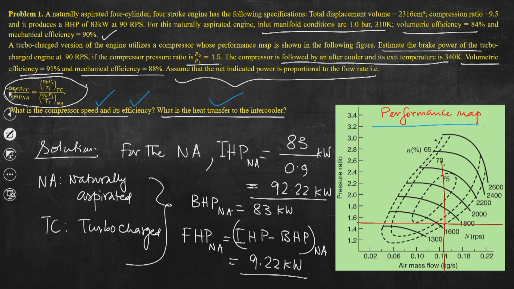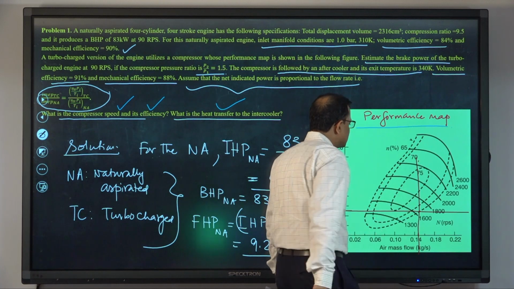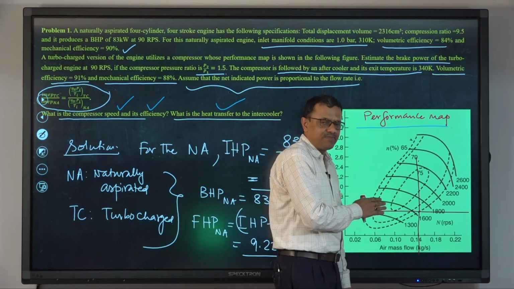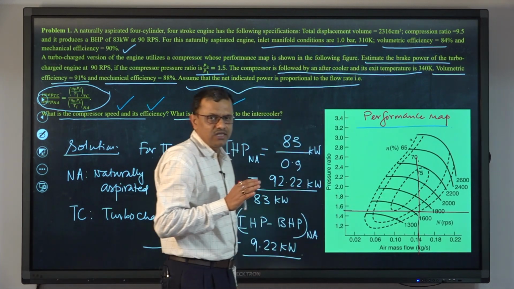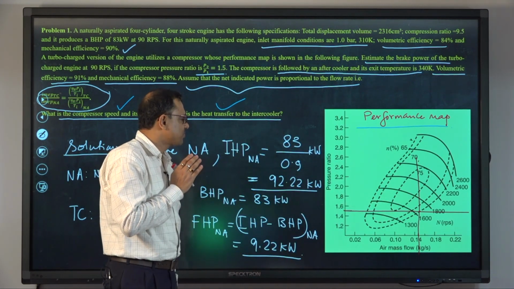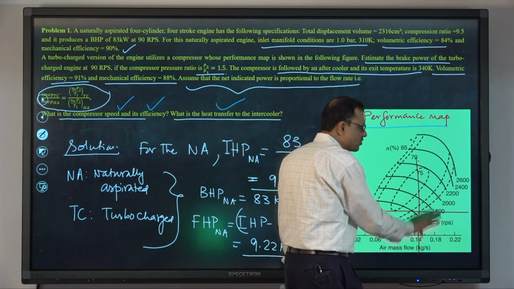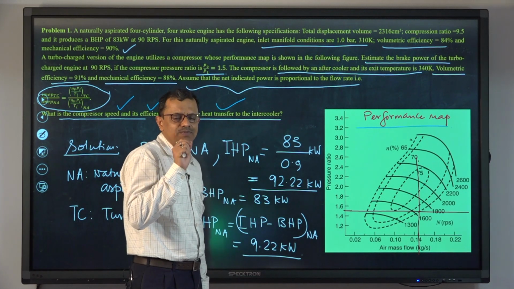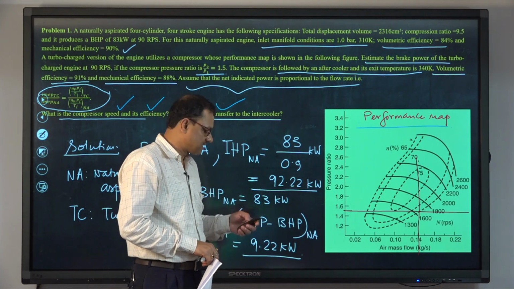All these are speed lines, you can see 1300, 1600, 1800, and these dotted lines are iso-efficiency lines. Though I could not draw these two lines perfectly parallel to the y axis and x axis, you need to get the point where these two lines cross the iso-efficiency line, and from that point we can easily get the efficiency and speed of the compressor.